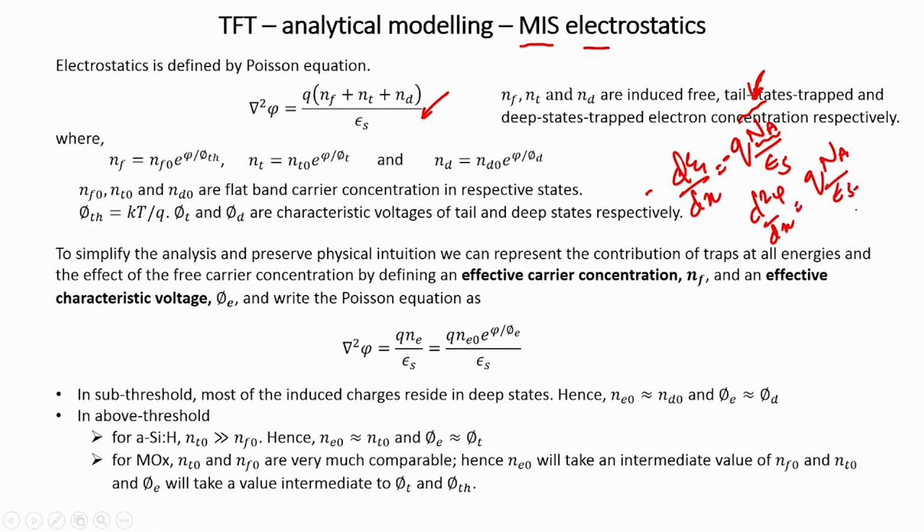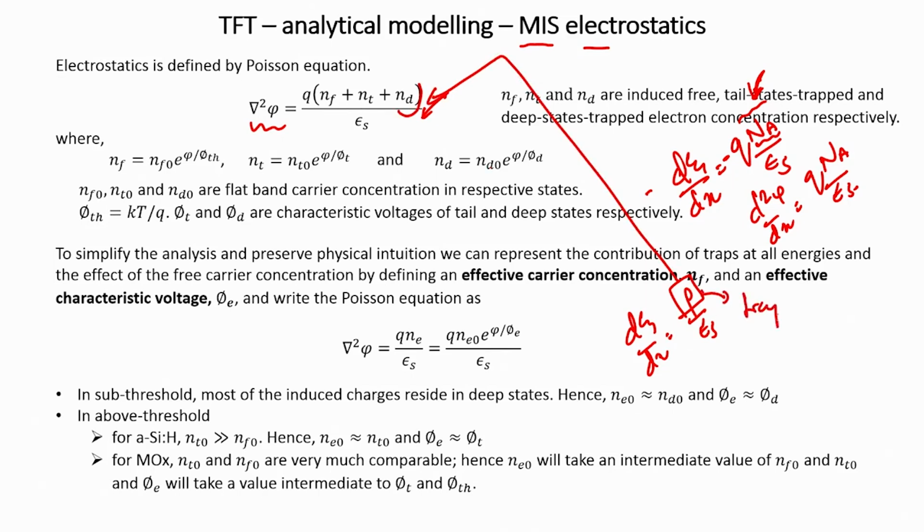Now, in the case of amorphous semiconductors, what determines Poisson's equation? What determines the charge carriers? This charge carrier concentration is given by the trapped charge. So, what constitutes all these charge carriers? It is the trapped charge plus the free charge.